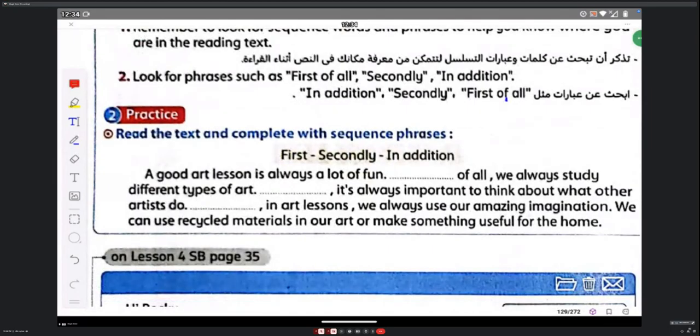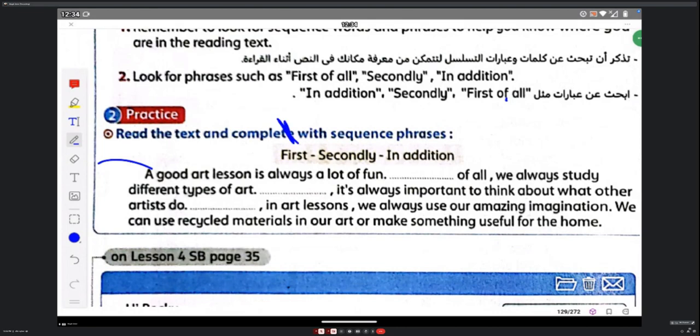Practice. First, secondly, in addition. A good lesson is always a lot of fun. First of all, number one.